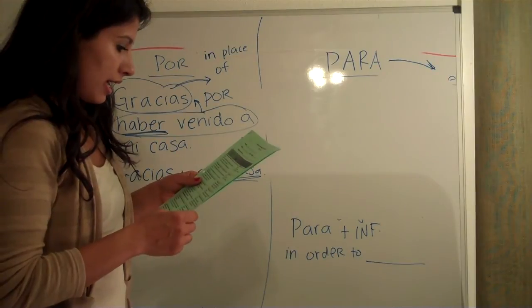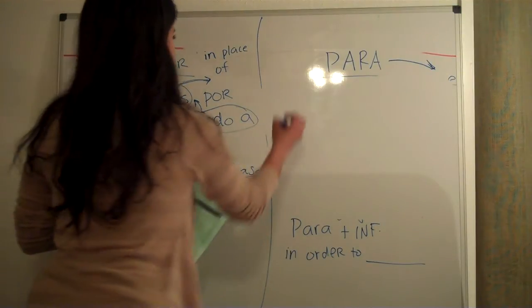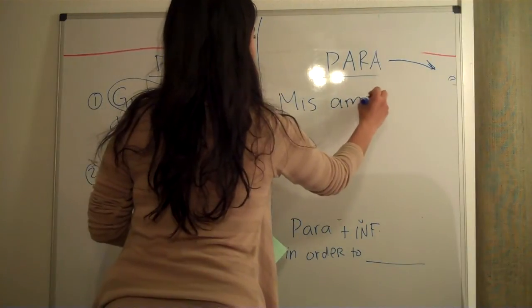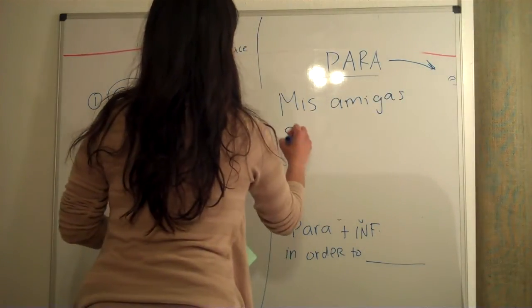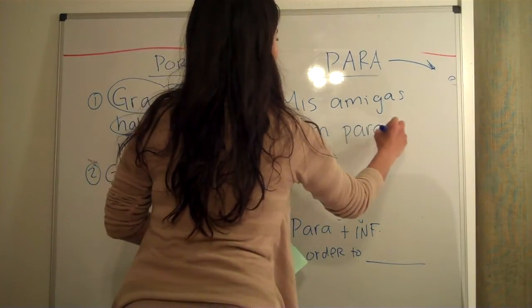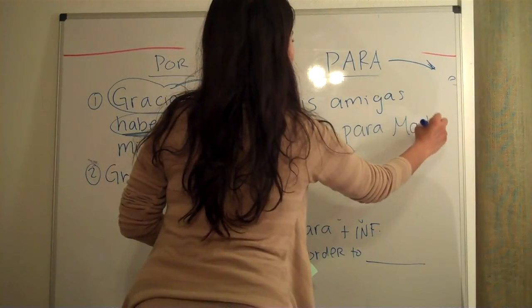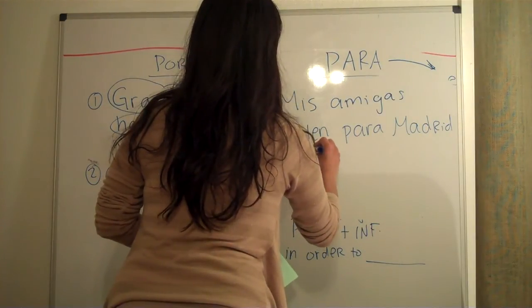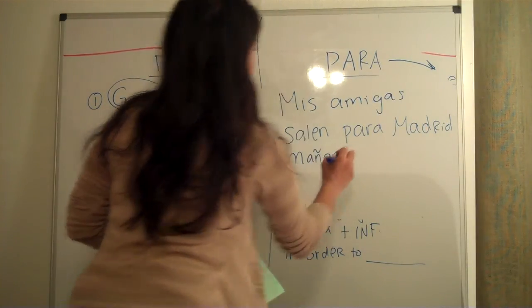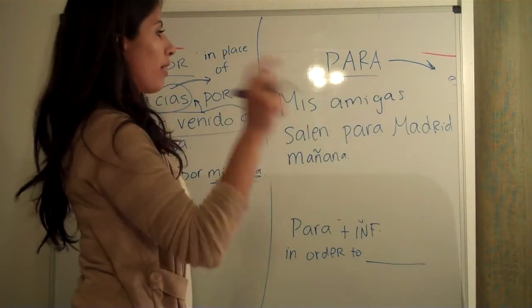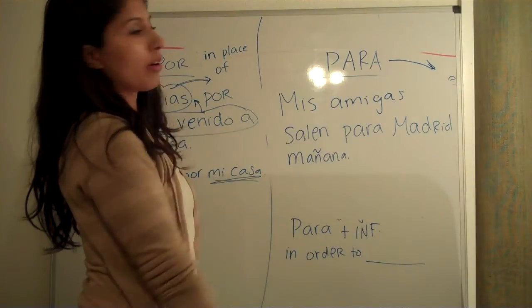Destinations. Mis amigas salen para Madrid mañana. My friends go for Madrid tomorrow, or my friends are setting out to Madrid tomorrow.